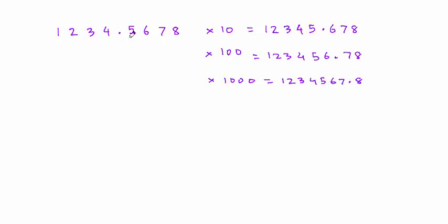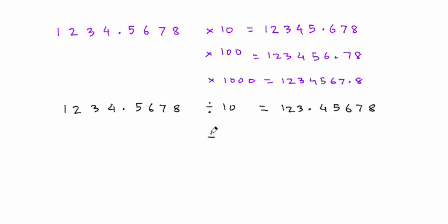And you do just the opposite when dividing this number with powers of 10. So if you were to divide 1234.5678 with 10, the answer would be one place over to the left this time, the decimal point, 123.45678.